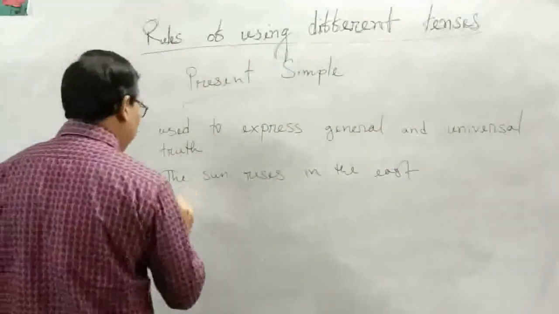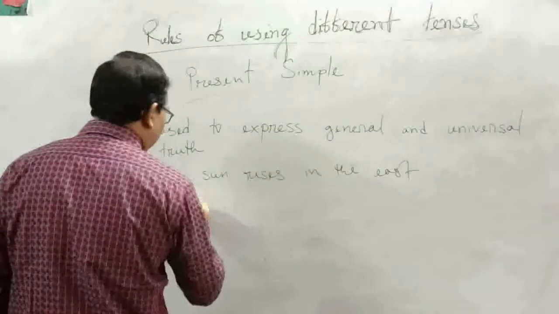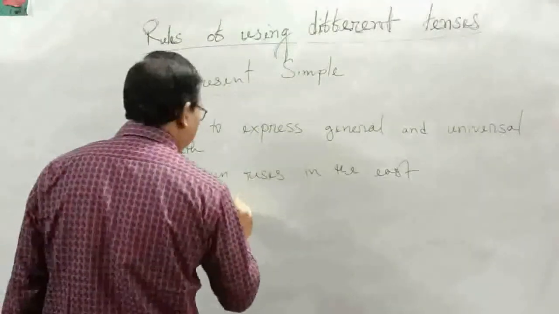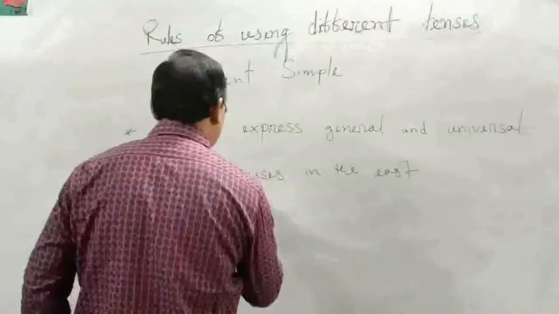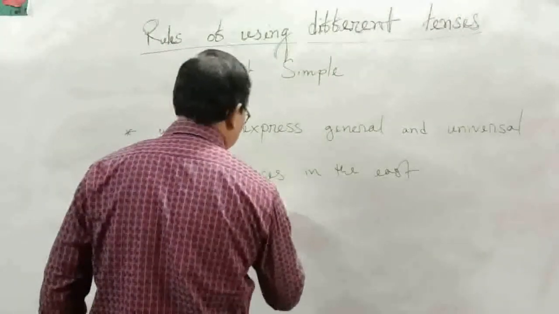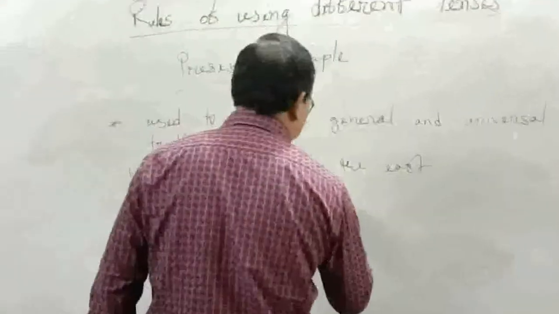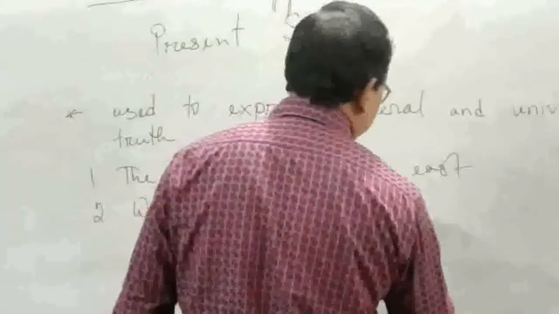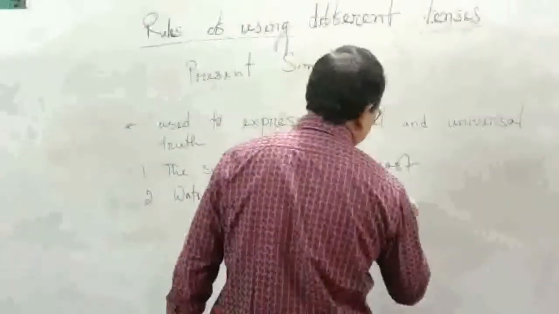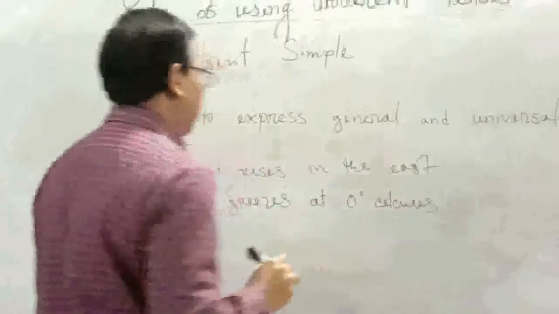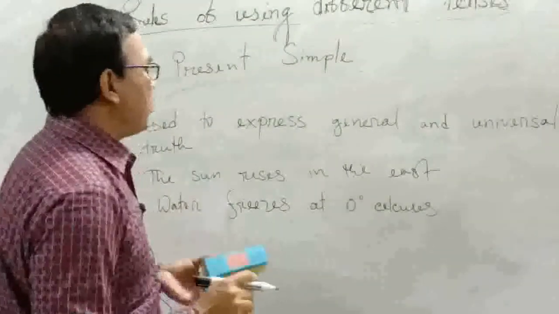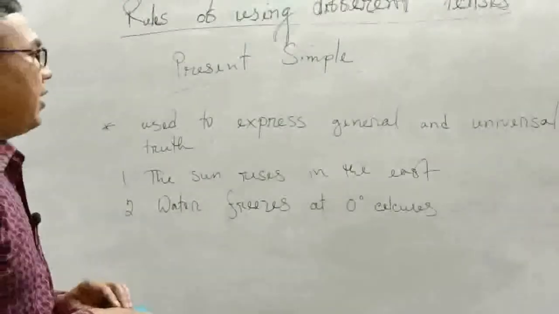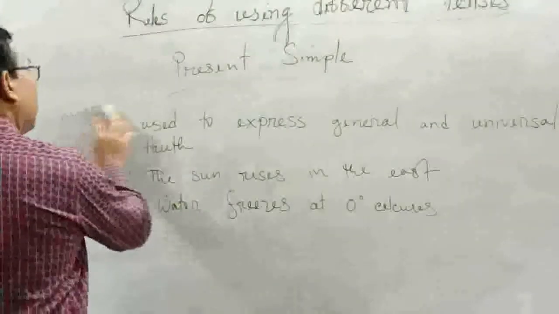Number 2, water freezes at 0 degree Celsius. So again, present simple is used to express general and universal truth.